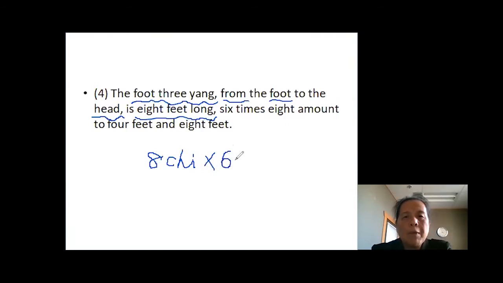So that's 48 尺, we can also say 4 zhang 8 尺.